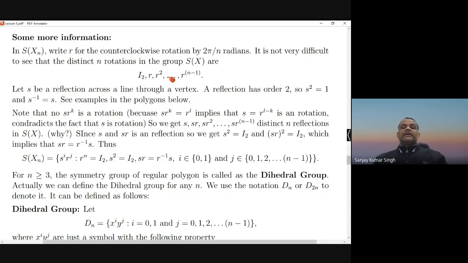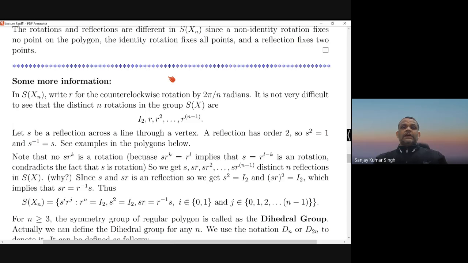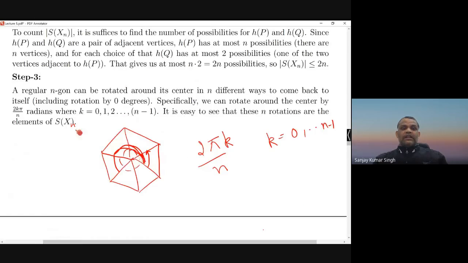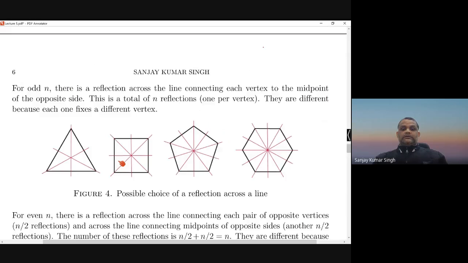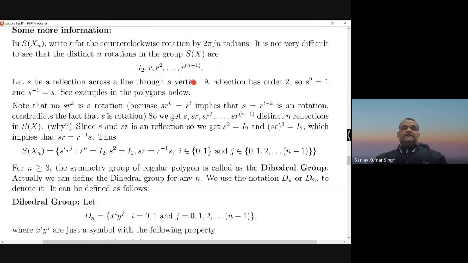So what is r^k? r^k is basically the rotation by the angle 2 pi k by n. This one was 2 pi by n, so this will be 2 pi k by n. So I can write them like this.